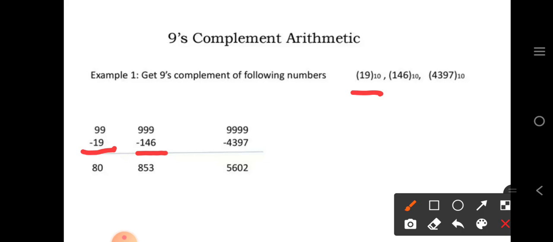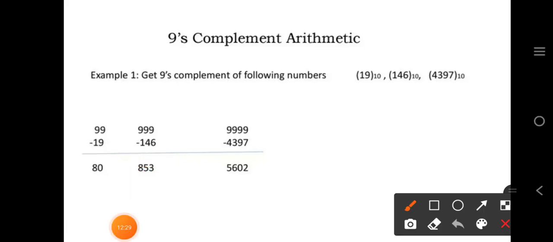So the first example is 99 minus 19. After this subtraction, you will get 80 as the output, which is the 9's complement of the decimal number 19. Now for the second example, we subtract 146 from 999 and the output is 853.